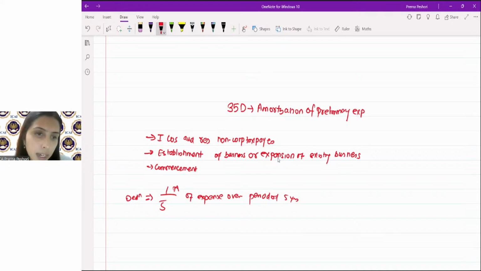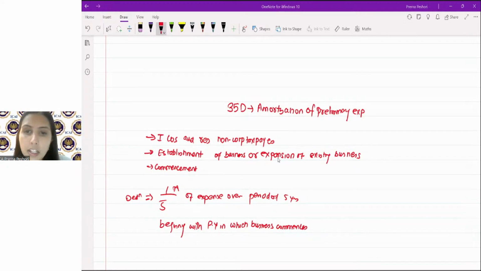And this will be allowed beginning with the previous year in which the business commences, or extension is completed, or production commences.